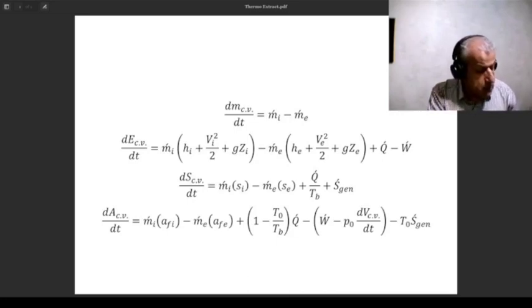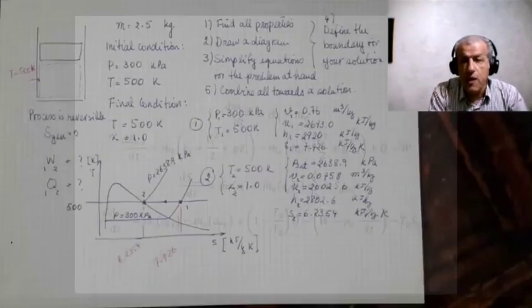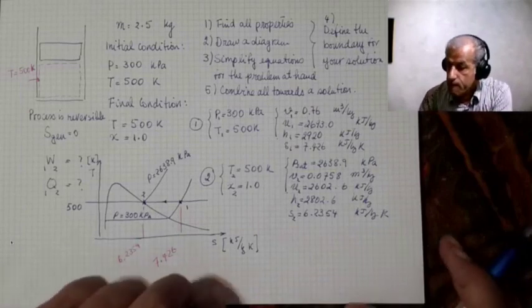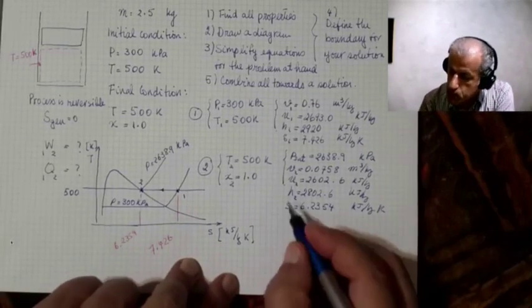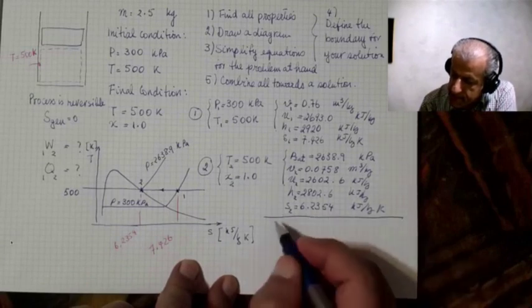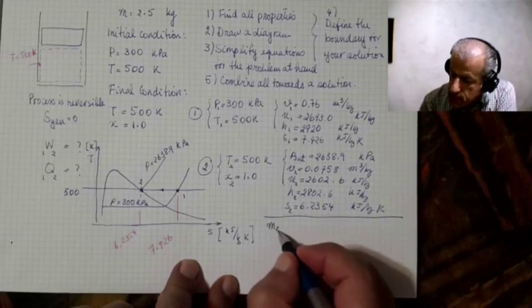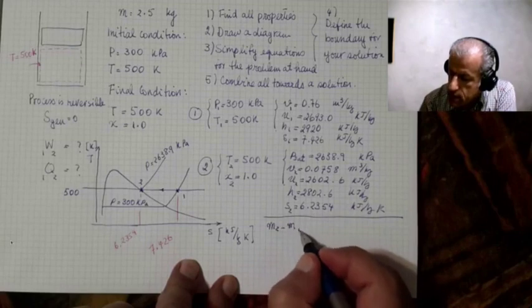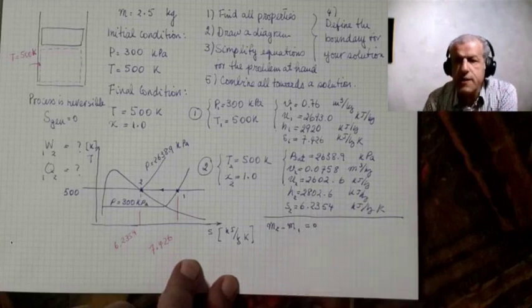There are no entry or exit mass, therefore we may easily simplify this equation to m2 minus m1 equals 0.